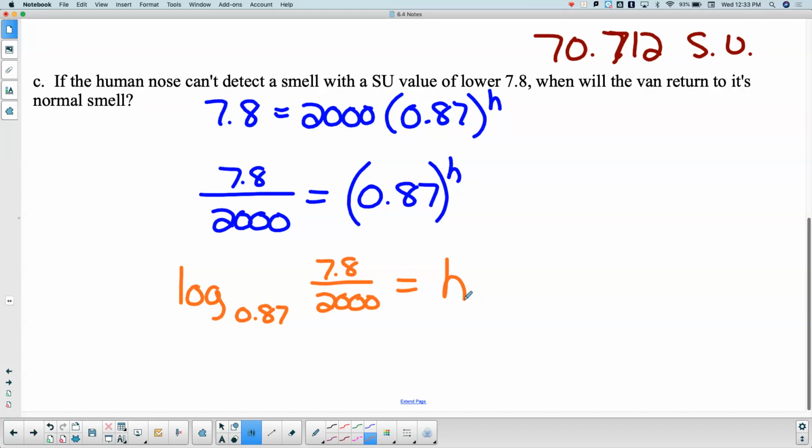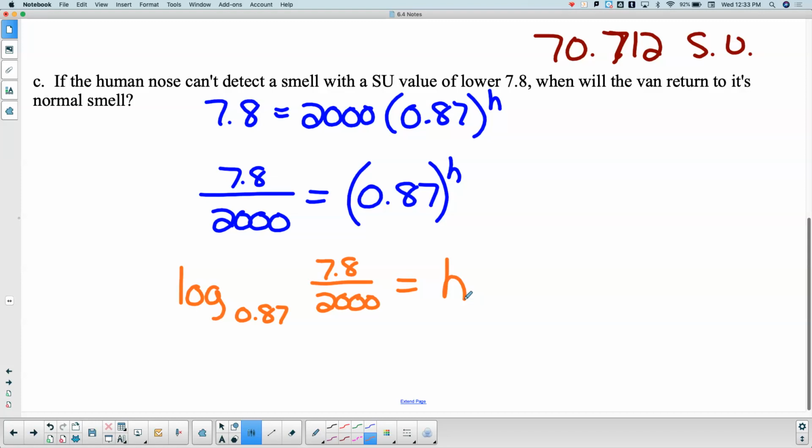Okay. Now, before we even calculate this, approximate what value it should be, based off of letter B. Should it be 23?